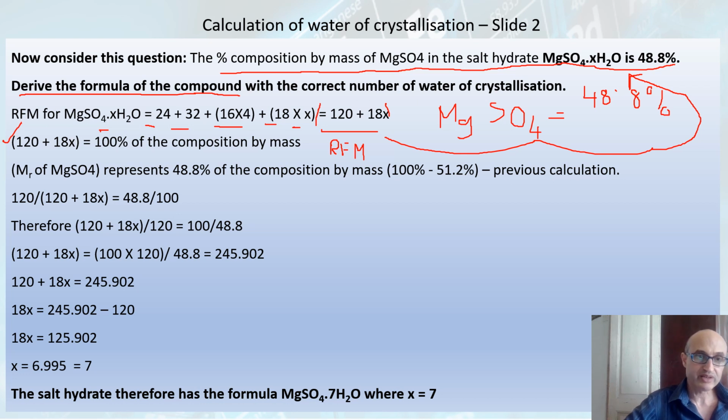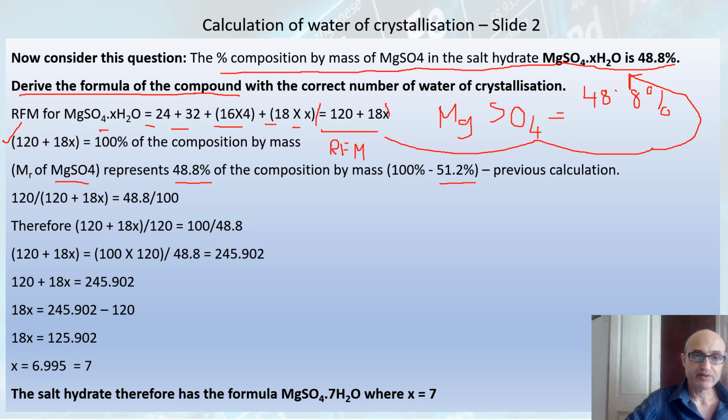What we are given is that the MgSO4 component is only 48.8% of the mass. So the remainder, 51.2%, should represent, of course, the water component. So we can work it out fully in this way.